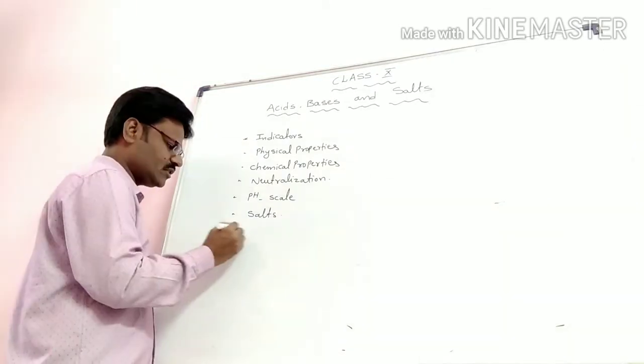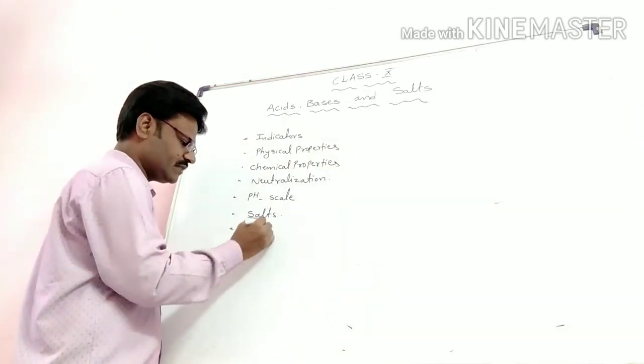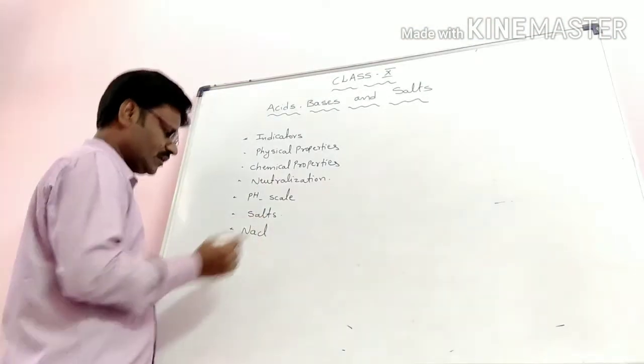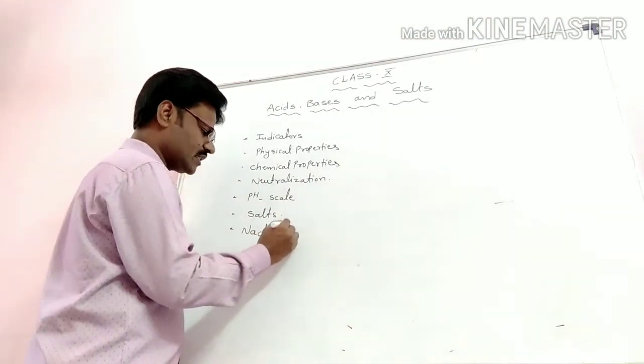A very important salt is sodium chloride, and from it we can make different types of chemical compounds. What compounds are we discussing in this?